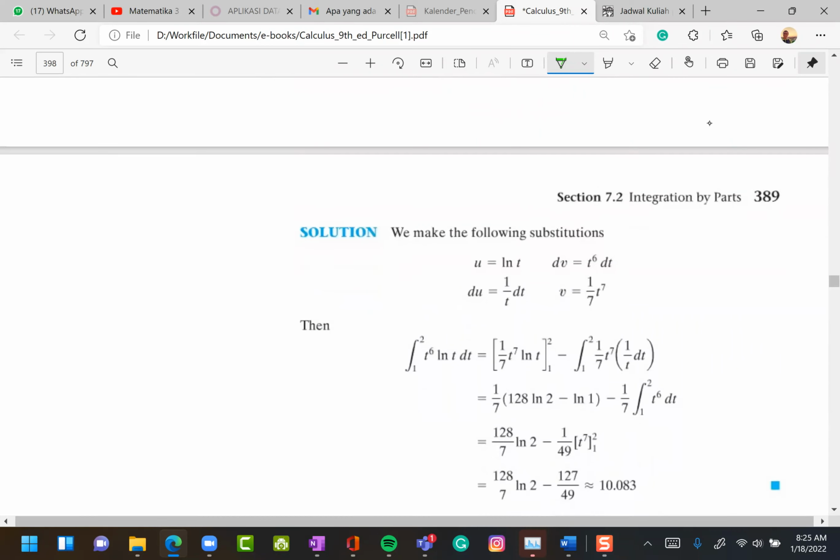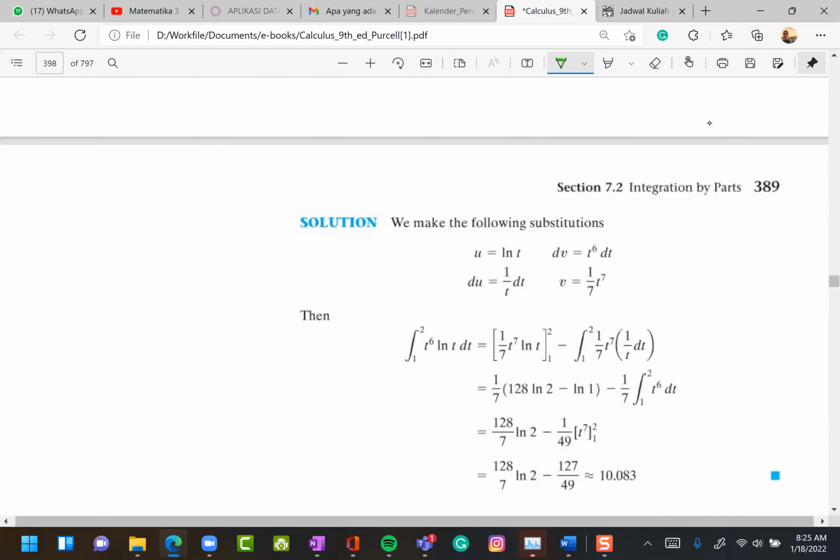You plug it in, u times v, and then this integral v du. And you plug in the boundary numbers, from 1 to 2.